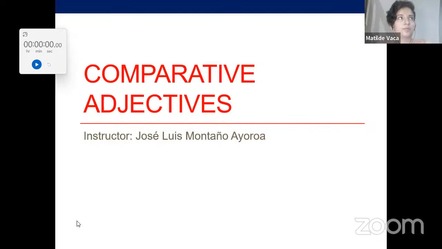Well, if I want to compare something between two elements, like which item is the biggest, or maybe someone is faster, I want to compare between two things. All right, that's correct. And can we use the ER with all the adjectives, or what is the rule that we have for that?